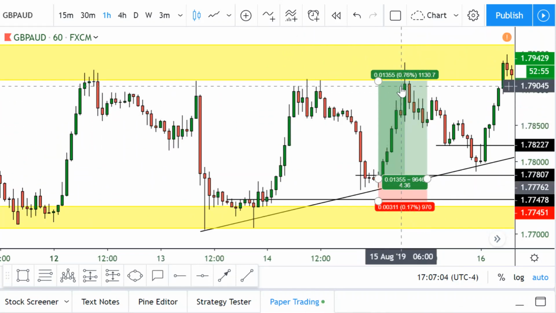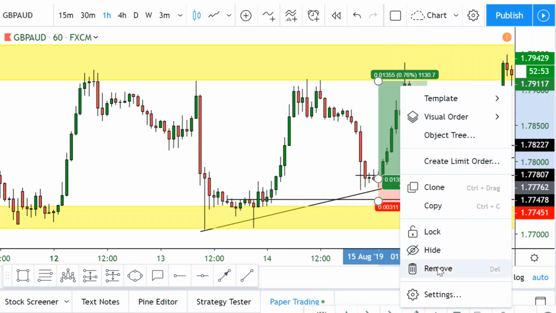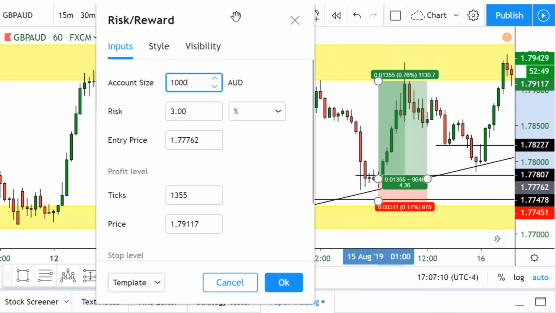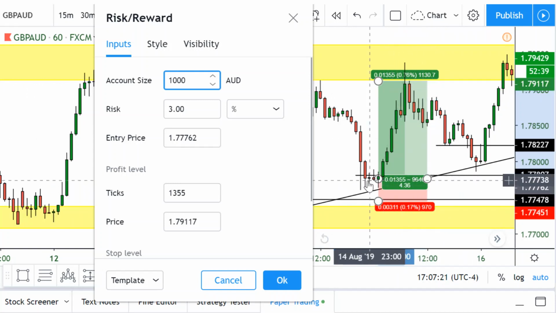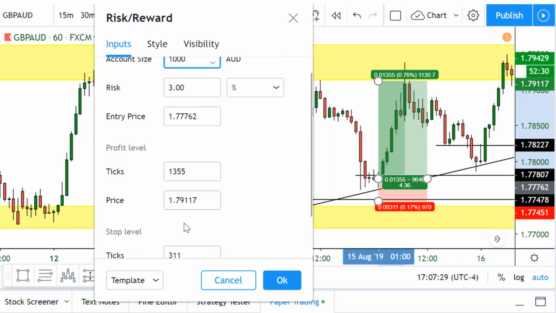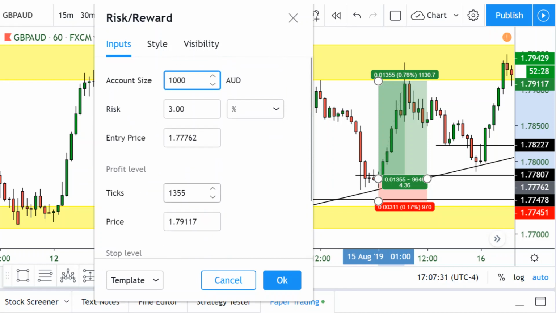If you double click, or right click and head over to your settings, you're going to see the precise price points of your take profit, your stop loss, and your entry. So your take profit will be at the end of the green box, your stop loss is the end of the red box, and in the middle is your entry. So your entry price, I'm not going to say it because it's right over here, your take profit, your stop loss, and the ticks is pretty much your pips.